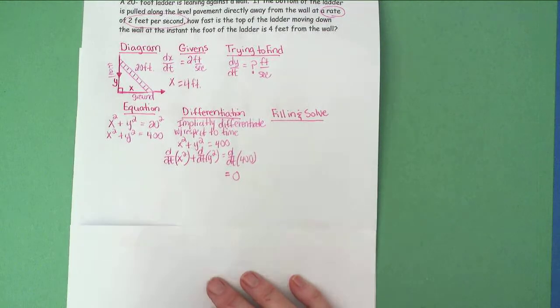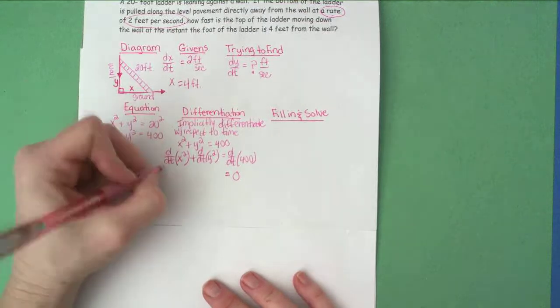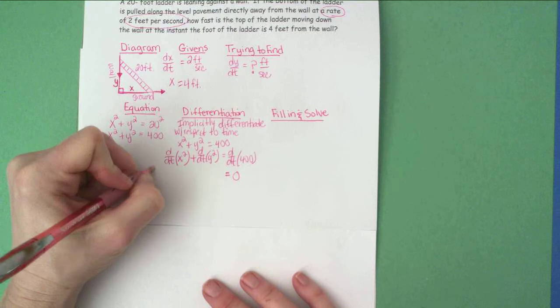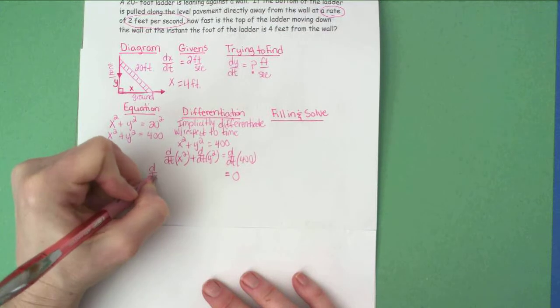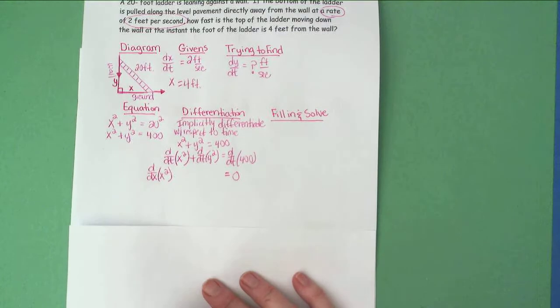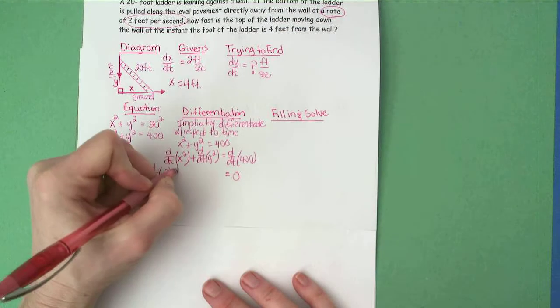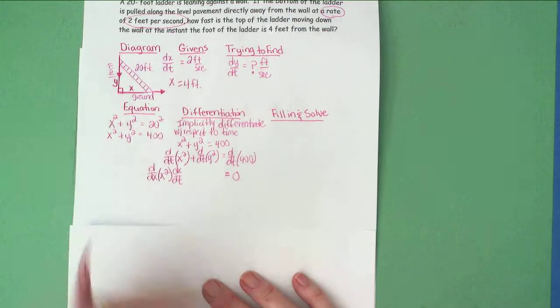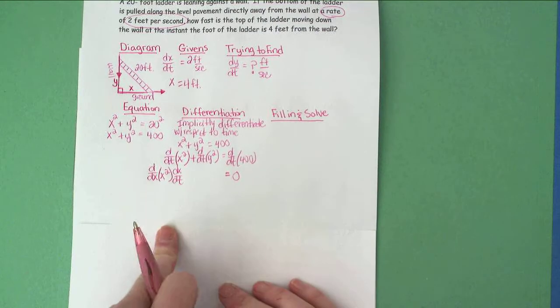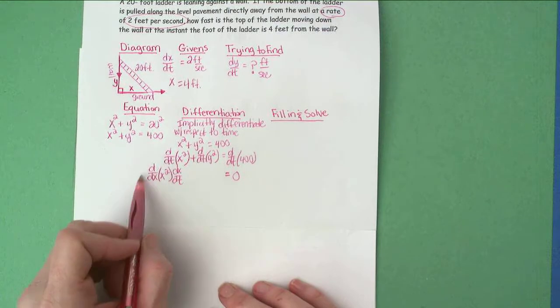So if you remember from chapter 3 when we first learned implicit differentiation, you kind of finagle this and you write it like this. The derivative with respect to x of x squared, because that I can do. But then you have to tack on dx dt so that the problem doesn't change. If you look at this and you look at what you started with, nothing's changed.